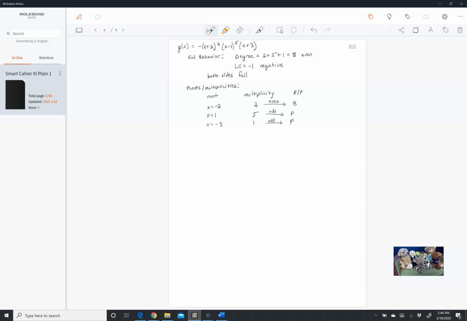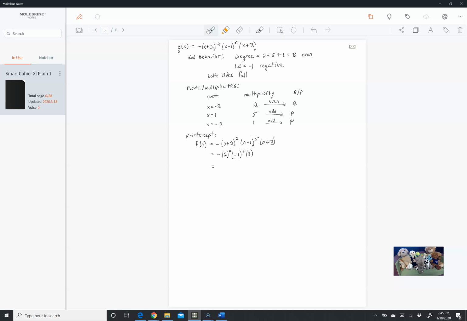Okay, and then the last thing is the y-intercept. The y-intercept is when we have g of 0. So we have -(0 plus 2) squared, (0 minus 1) to the 5th, (0 plus 3), which gives us -(2) squared, (-1) to the 5th, and 3.